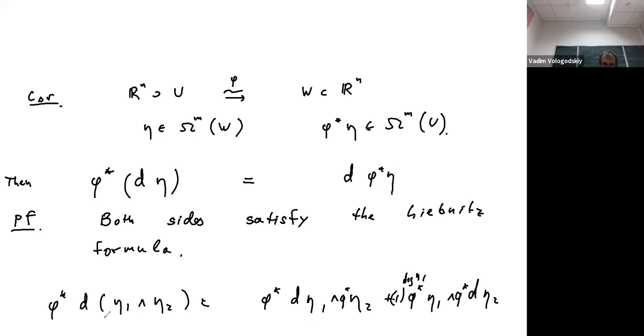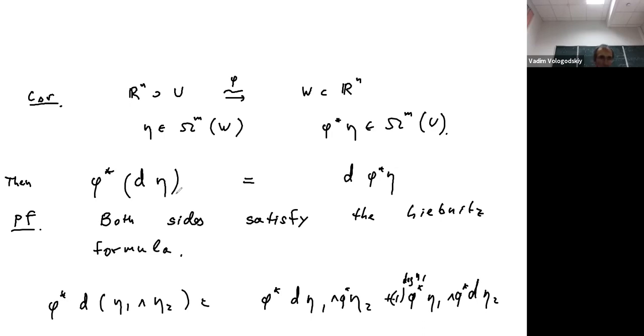It's just the fact that taking the differential of a function commutes with pullback. We already discussed it. And for the differential of a function, you know that d squared is 0, so you get the result.